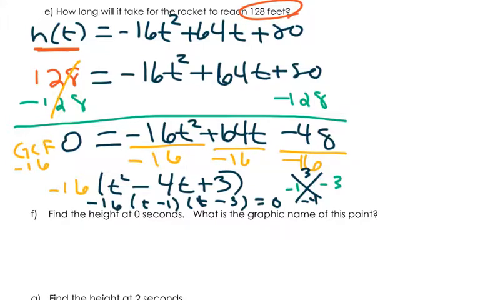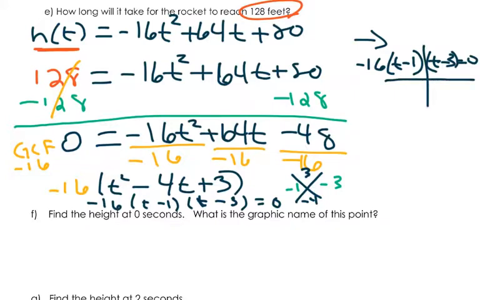And now let me bring what I just wrote on top here. So negative 16 times t minus 1 times t minus 3 equals 0. I can make my t chart, and I would have t minus 1 equals 0, t minus 3 equals 0, and it's a weird t chart, but I would even have negative 16 equals 0.